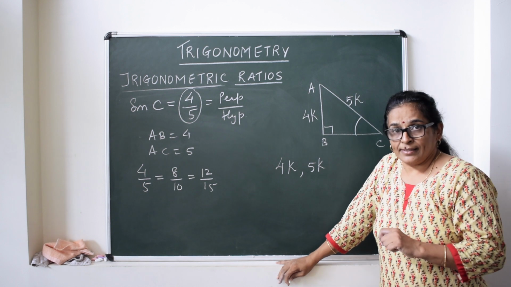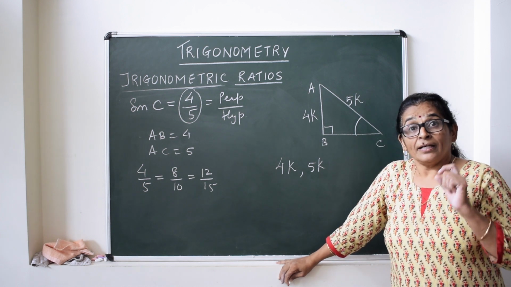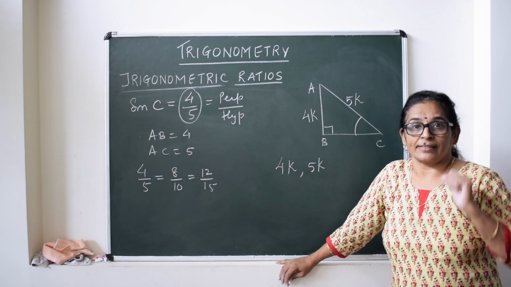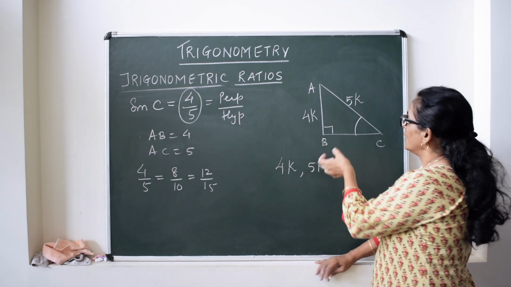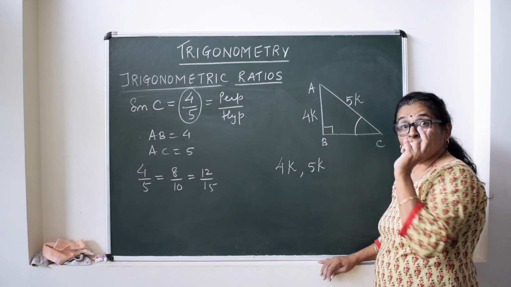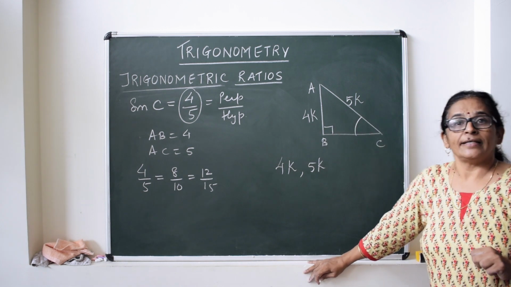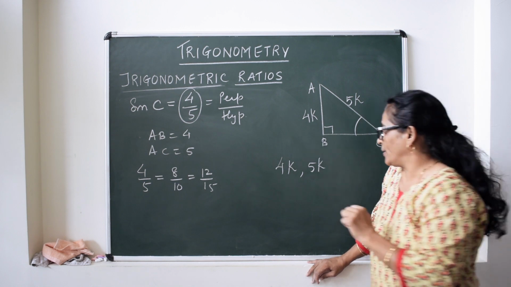A question arises here: if sine is given, can we find out all the other ratios? Yes. But for the other ratios, we do require the third side. In this case, we will find the third side with the help of the Pythagoras theorem.